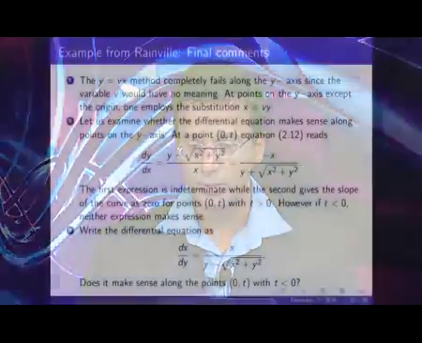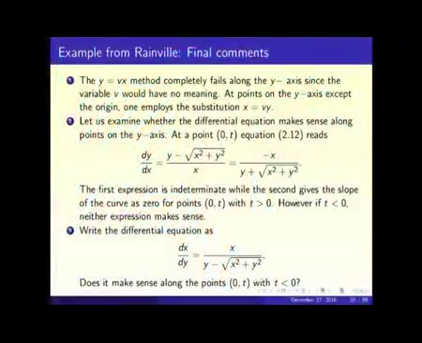So let us look at this a little carefully. I want to understand what happens to points on the y-axis. So let us take a point (0, t). And equation 2.12 reads dy by dx equals y minus square root of x squared plus y squared upon x.